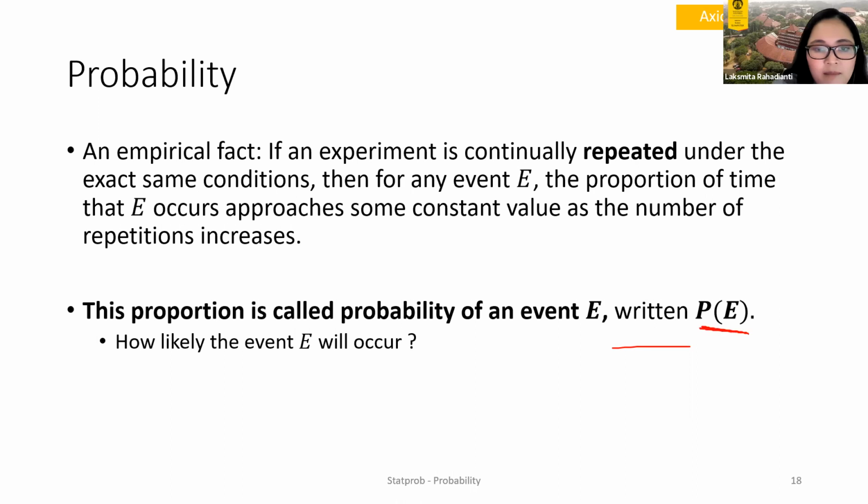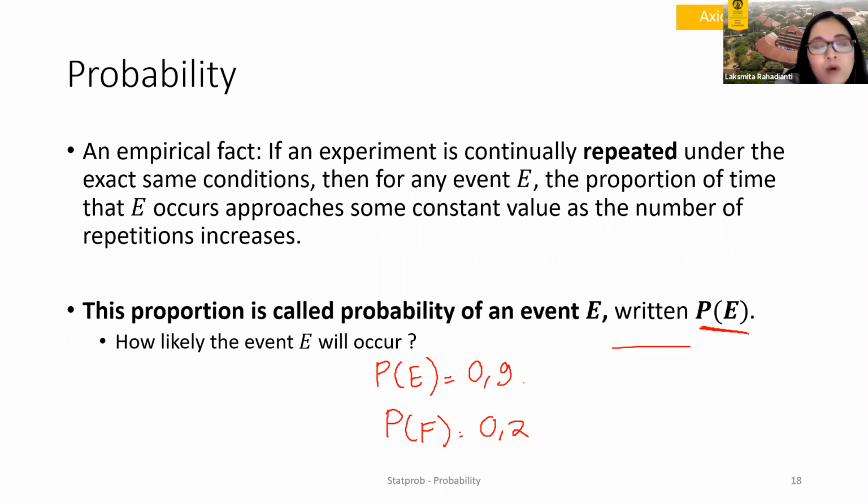Yes, like that. And what it means is how likely this event will occur. So if I were to say P(E) equals 0.9, and P(F) is 0.2, you probably can get some conclusions from these values only.